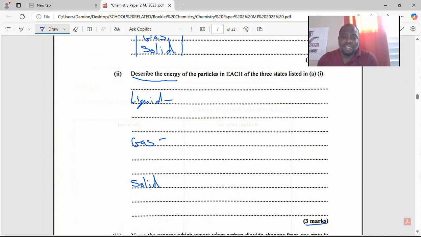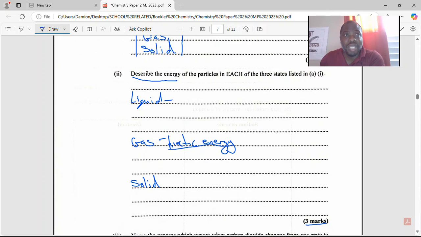Yeah, but remember, energy in this case, we're talking about the kinetic energy. This is the main focus, the energy of the particles, not how they move. Why is it that they're moving freely? Because they have a high amount of kinetic energy.